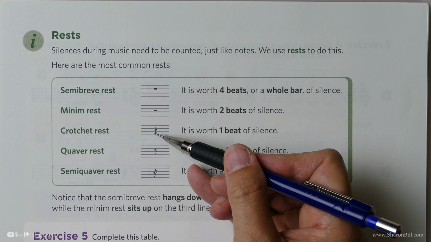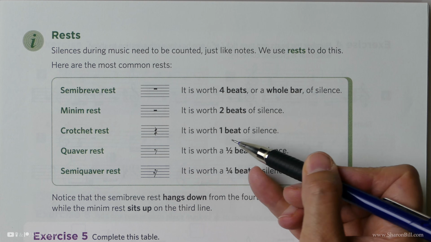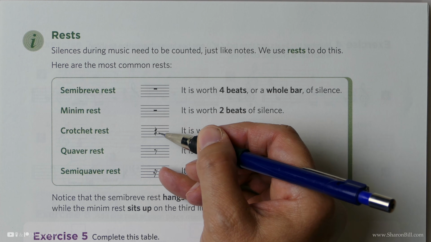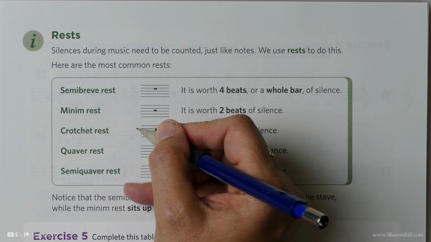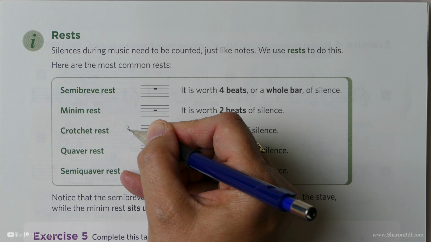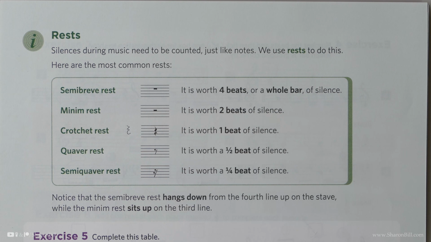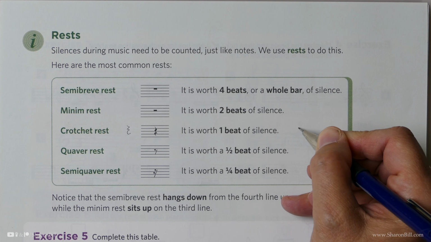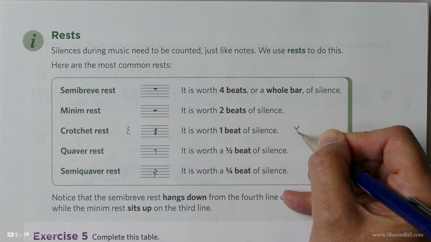We have the crotchet rest, which is worth 1 beat of silence. And it's quite tricky to draw. I do this by doing kind of a little Z and hooking a C at the bottom, and that will do. The old-fashioned way of writing a 1-beat rest is this, like a backwards number 7.